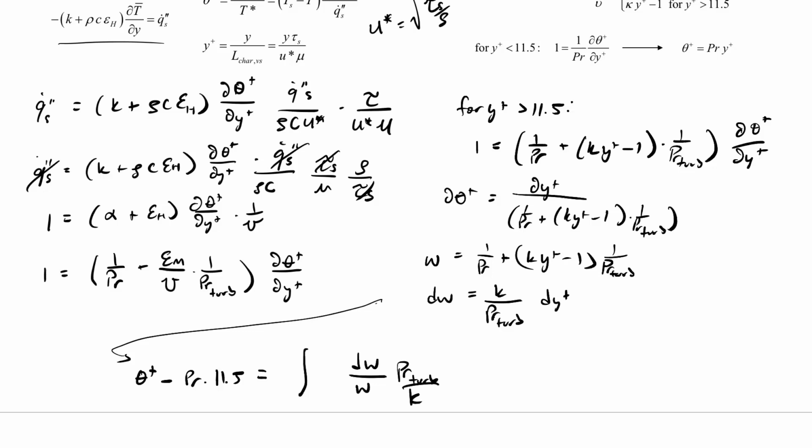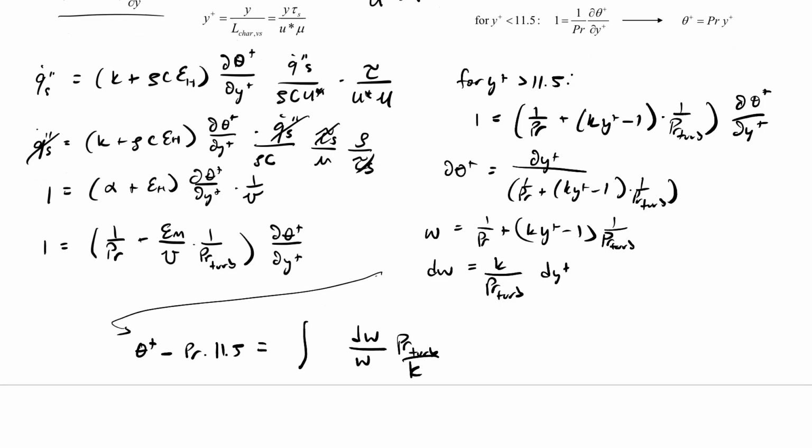So we actually want to use our definition of w, which is 1 over the Prandtl number plus kappa times 11.5 minus 1 times 1 over the turbulent Prandtl number. Hopefully you can see that.